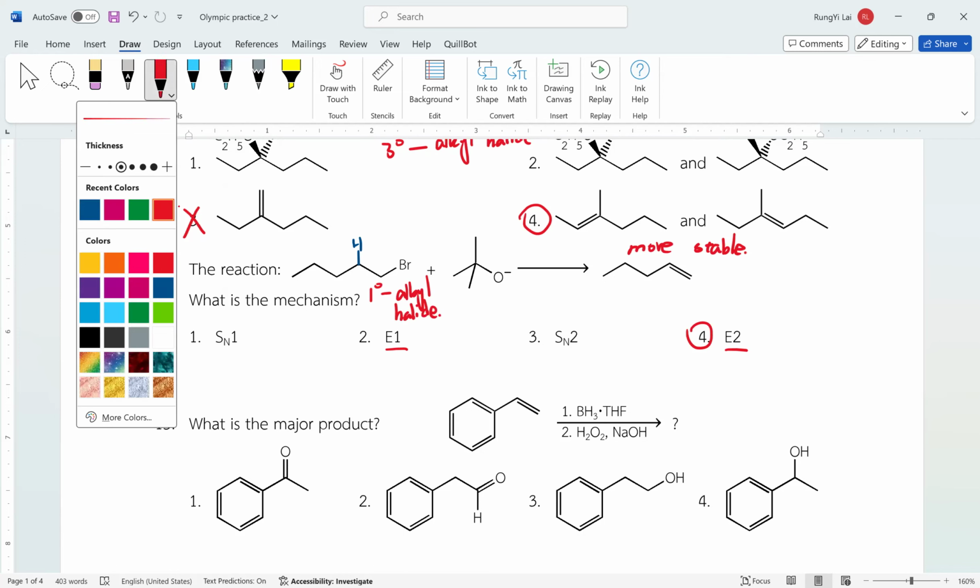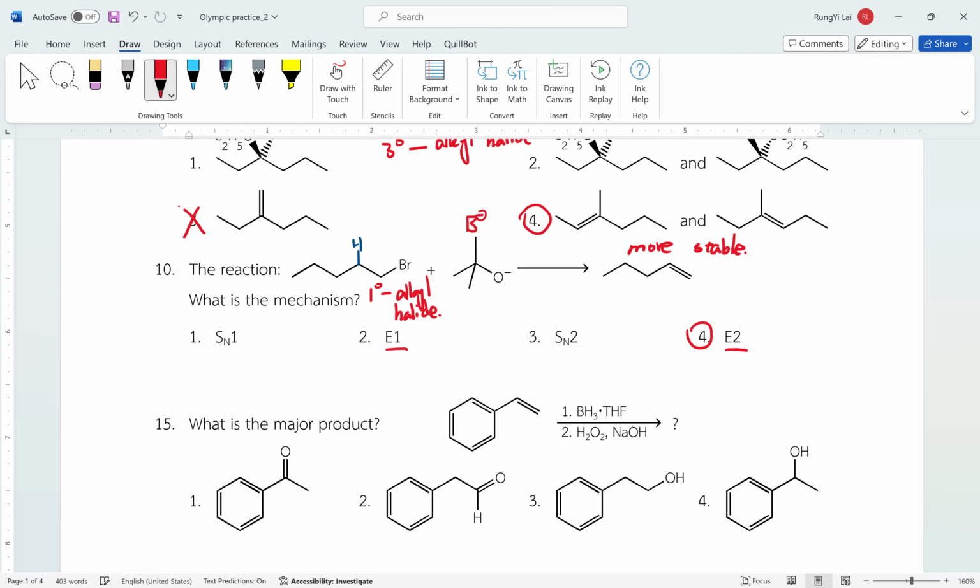So if I write this tert-butoxide as B minus, basically the B minus will abstract the proton and then goes away. So that's why it's the E2 elimination. This one you can see is the ethoxide, but this one is the tert-butoxide.